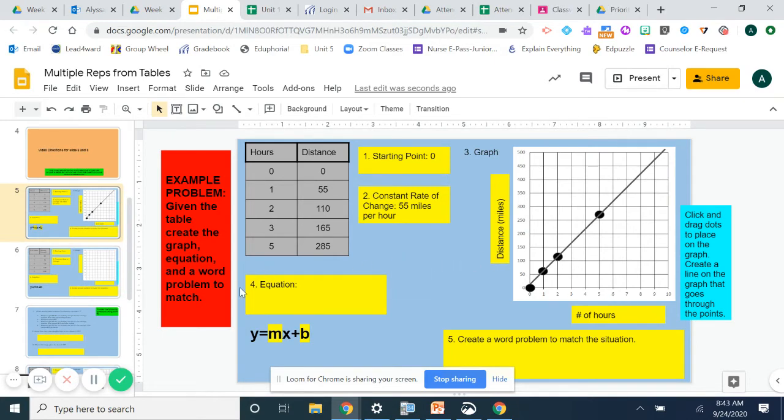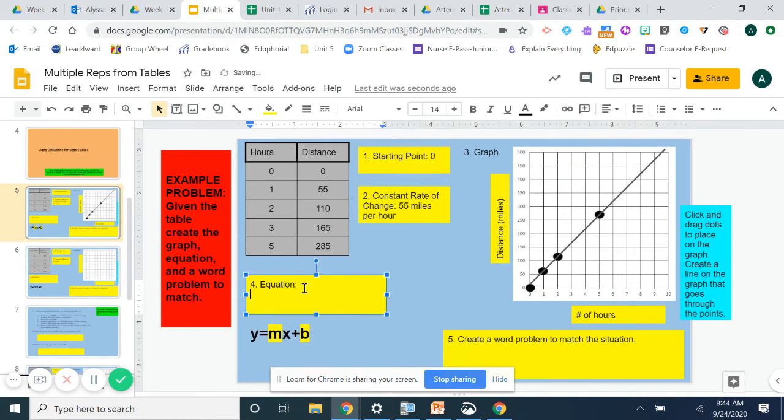Now I can move over to problem 4, which is my equation. Again, the format of my equation is y equals mx plus b. M represents my constant rate of change. B represents my starting point, which I have both of those numbers up here. So when I do my equation, I start with y equals, because I don't know what y is.